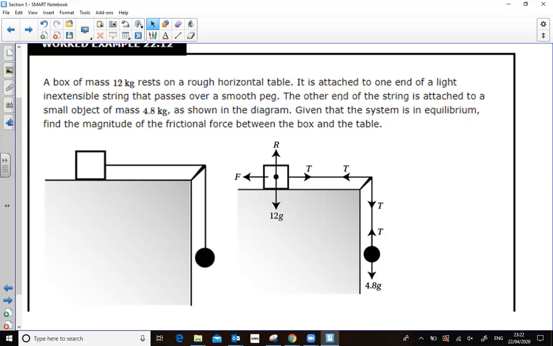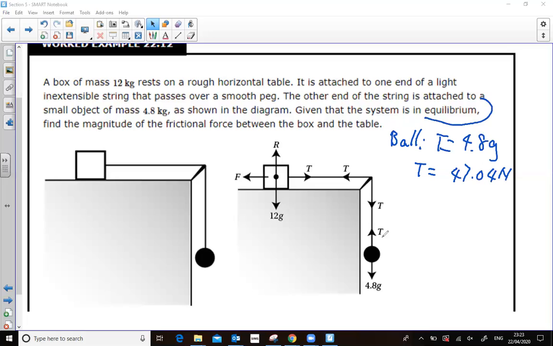Because the system is in equilibrium, the forces on the ball should balance out. So for the ball, the tension T acting on the ball should equal the weight, which is 4.8 g. So straight away we know that the tension should equal 47.04 newtons.